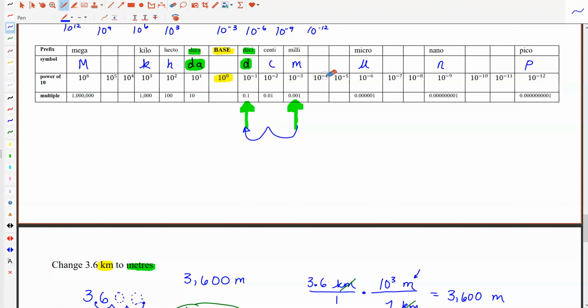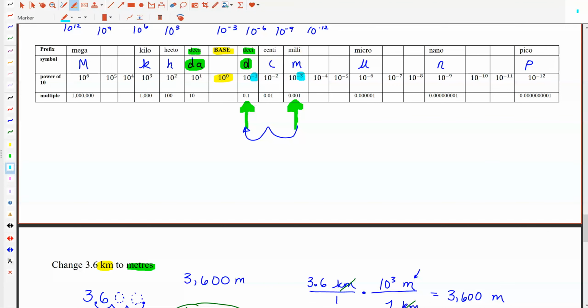All right, so looking at milli versus deci, because these exponents are off by 2, and milli is the smaller of the units, what this is going to tell us is that there are going to be 10 squared or 100 millimeters in 1 decimeter. And again, how I know that is looking at these exponents. These exponents are off by 2.